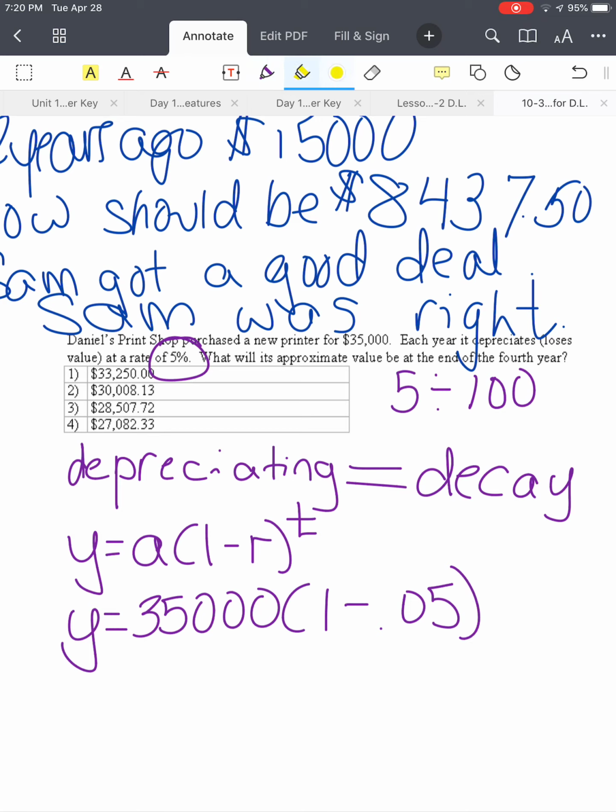And then they just happened to pick a random year. They wanted to know what's the value of this printer at the end of the 4th year. So I'm going to put 4 in for T. If they ask me at the end of the 7th year, then I would put 7 in. Just depends whatever they're asking. Okay, so type that into your calculator.